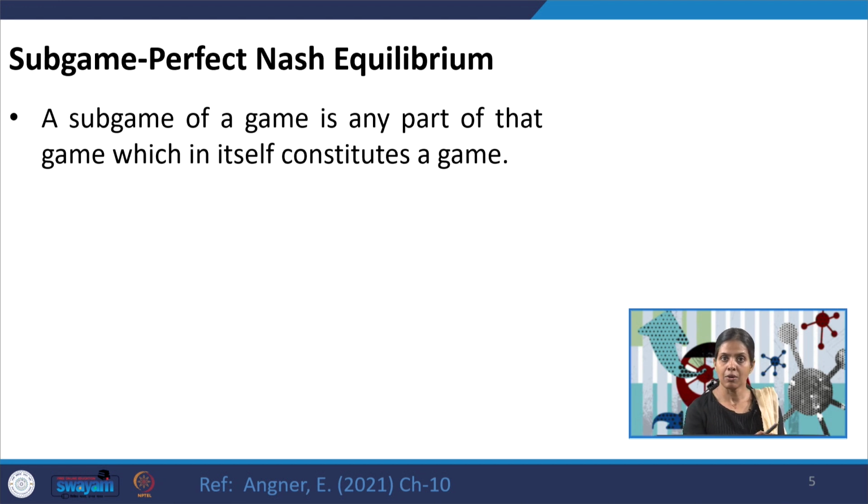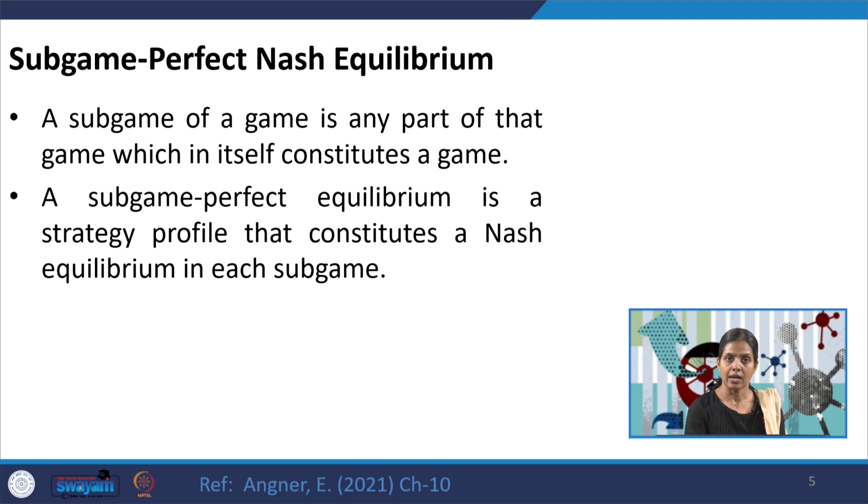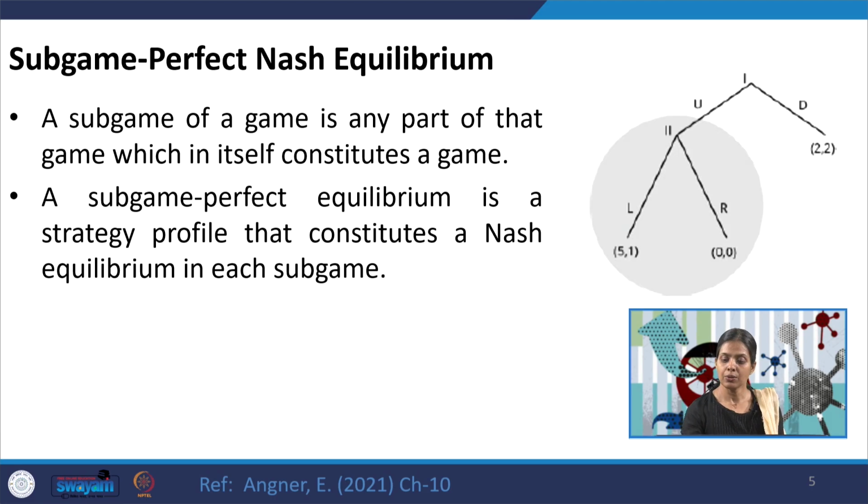A subgame of a game is any part of that game which in itself constitutes a game. A subgame-perfect equilibrium is a strategy profile that constitutes a Nash equilibrium in each subgame. If I write this game again here, then this is basically a subgame, and this game has only one subgame.